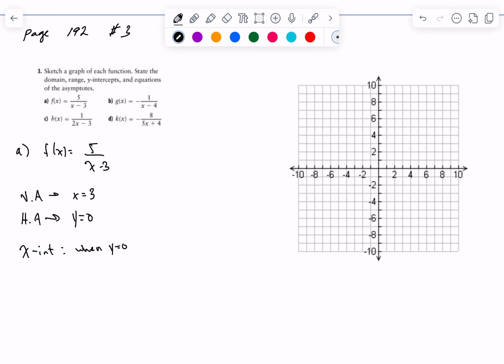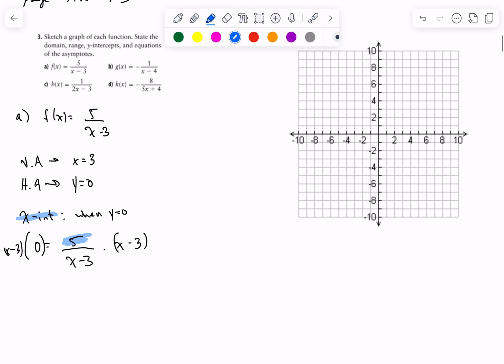Okay, and so I'd say, well, 0 equals 5 over x minus 3. If I multiplied both sides by x minus 3, the 0 would consume it, which is why we say the x-intercepts typically come from the numerator. Because I don't have a variable within the numerator, I'm going to say that I actually have no x-intercept.